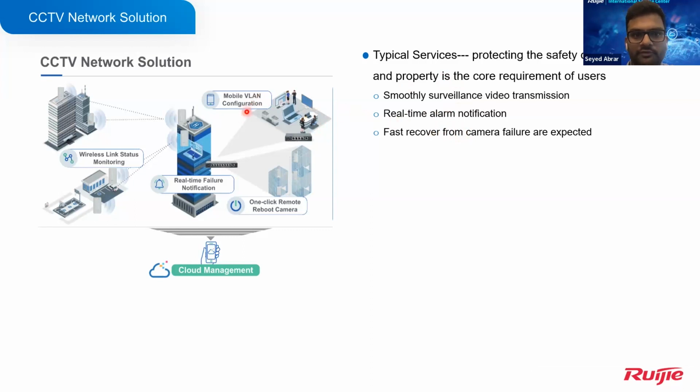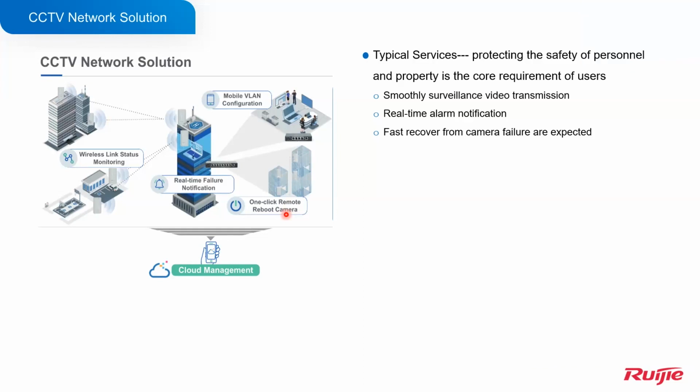We have a mobile configuration. In your mobile app, cloud app, you can create mobile VLANs. You can create a separate VLAN for CCTV. And then you can reboot your camera, because most of the camera offline issues can be rectified by rebooting the camera. You should not need to be in the property.